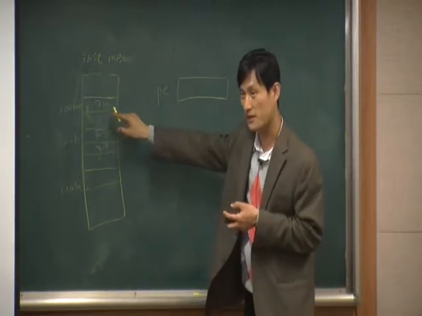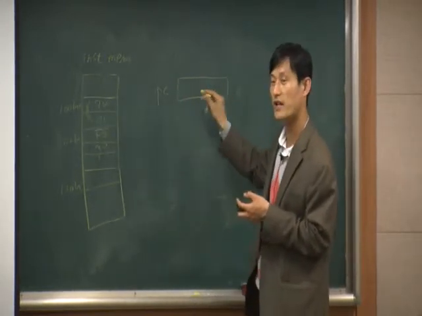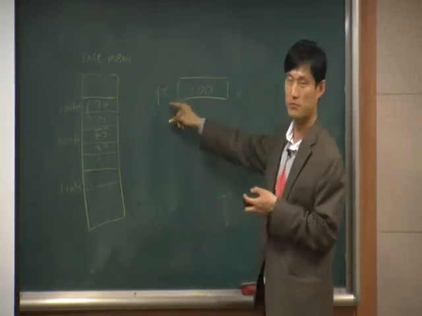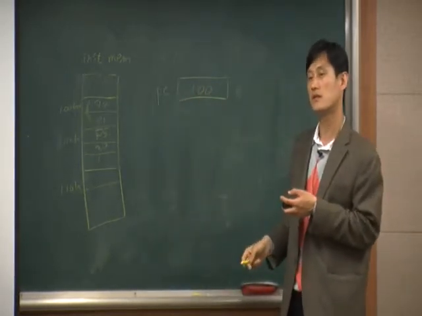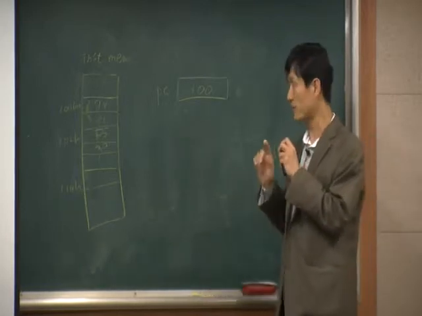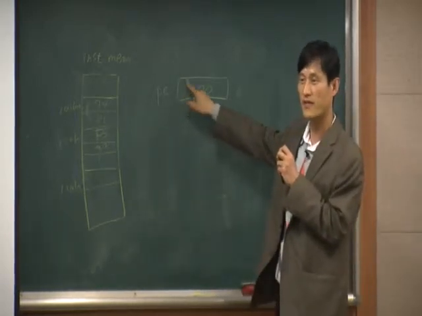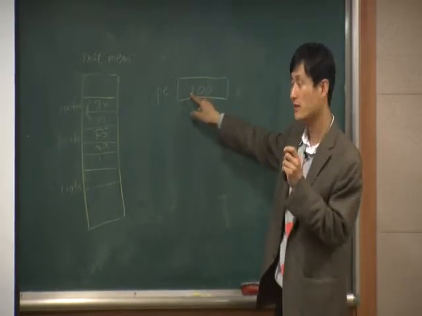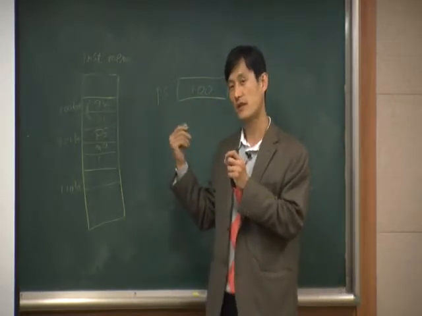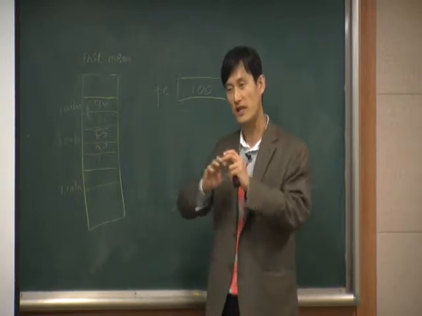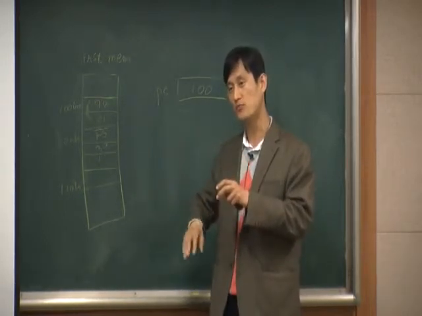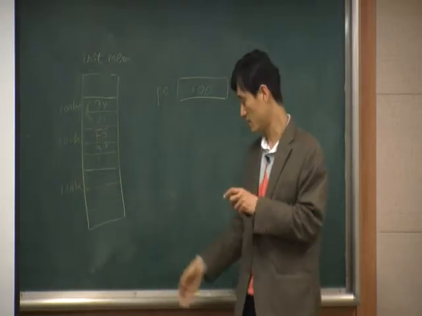In this example, the program counter will tell you where to go and fetch. In this case, it has the value 100. So the microprocessor will first look at the value in the PC, use it as the address, go there and fetch, decode and execute, then write back and move on to the next instruction.